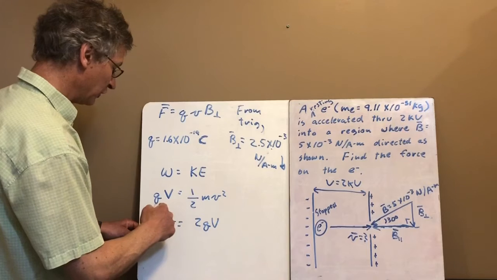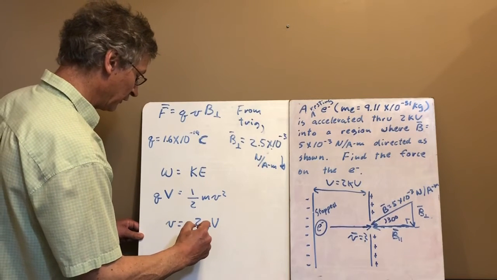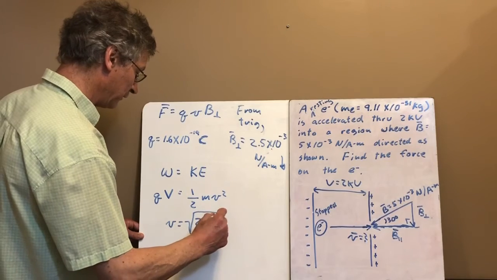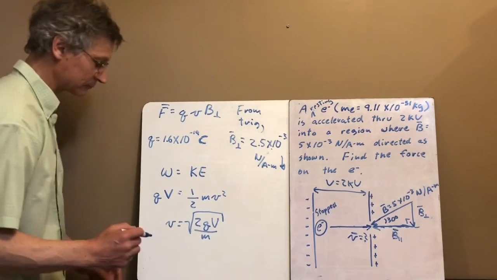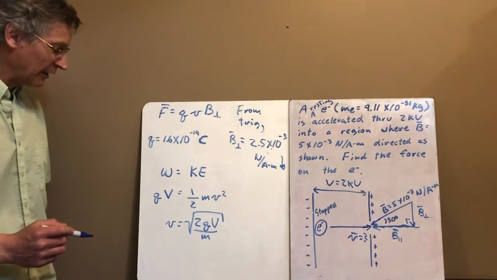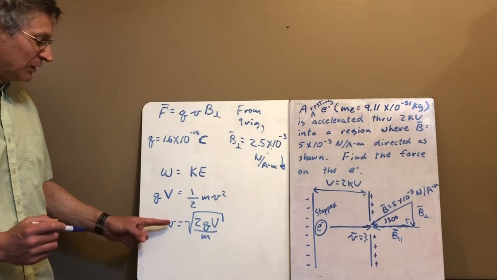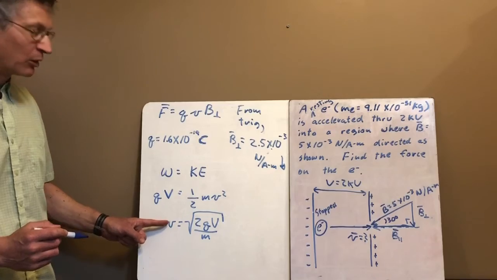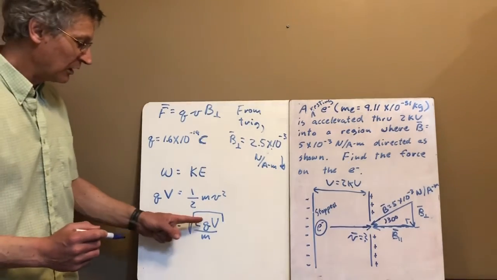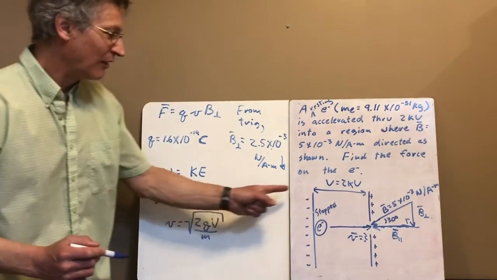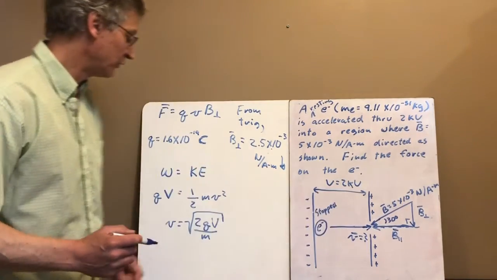The m goes across to the other side and goes down. And you take the square root of both sides. And there's how you can figure out V. Okay, V meaning the velocity. Remember, little v is the velocity. That thing, big V, that is the potential difference.